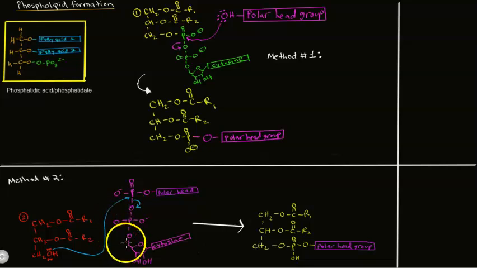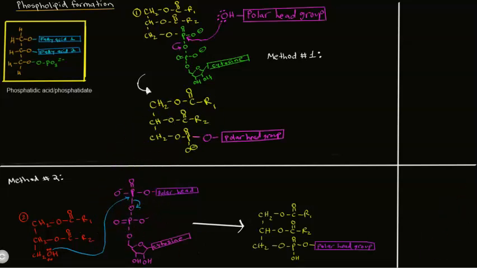As I mentioned, we have our CDP alcohol head group and we have our DAG. The oxygen of this DAG molecule is going to attack this phosphate of the CDP head group molecule and liberate again a CMP. So a CMP is going to leave and again we're going to form our glycerophospholipid. So we can start with either a DAG bound to a CDP or just a regular DAG molecule. This is really important to understand because there are 2 methods of forming it.